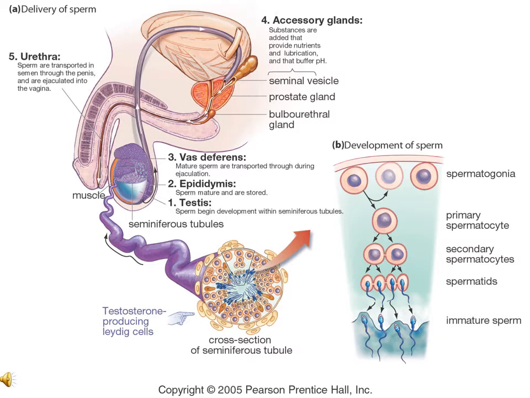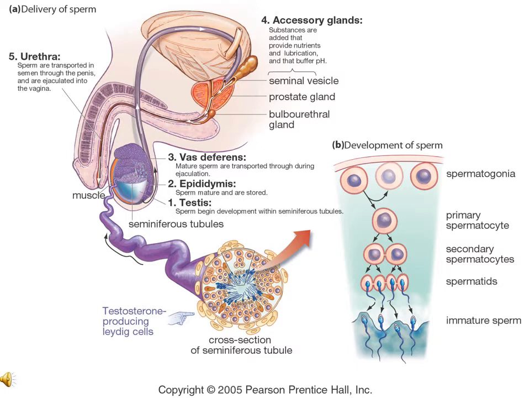From the testes, the sperm move up the epididymis to the vas deferens, where the sperm mature and are transported through various tubules, pick up a variety of fluids from the prostate gland, the seminal vesicles, and the bulbourethral gland, and release the semen, which at a given time will have as many as 500 million sperm, each eager to find an egg to fertilize. So let's review the path of the sperm.